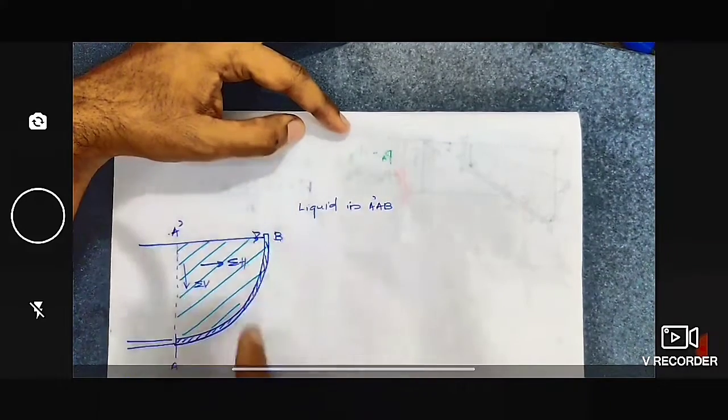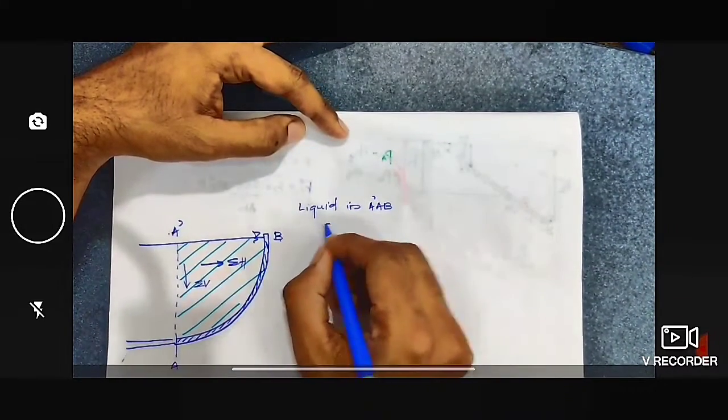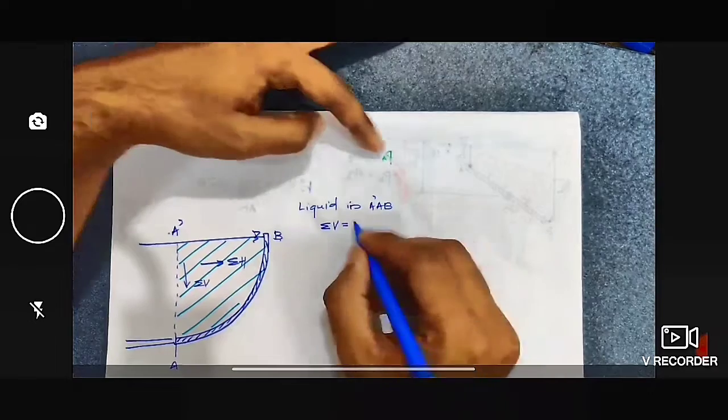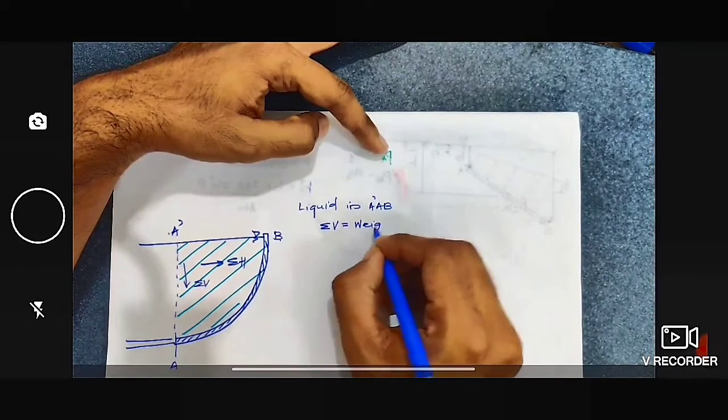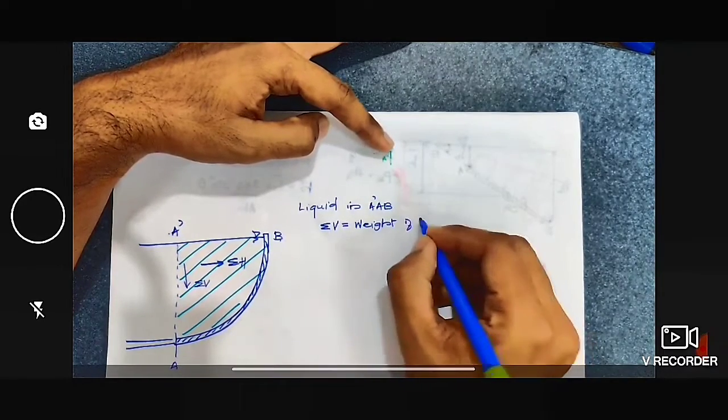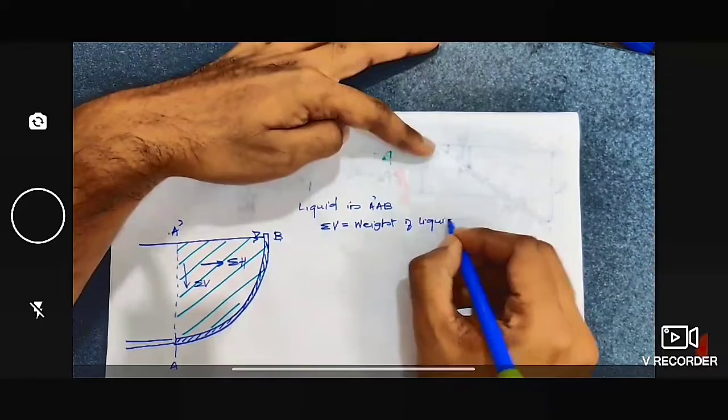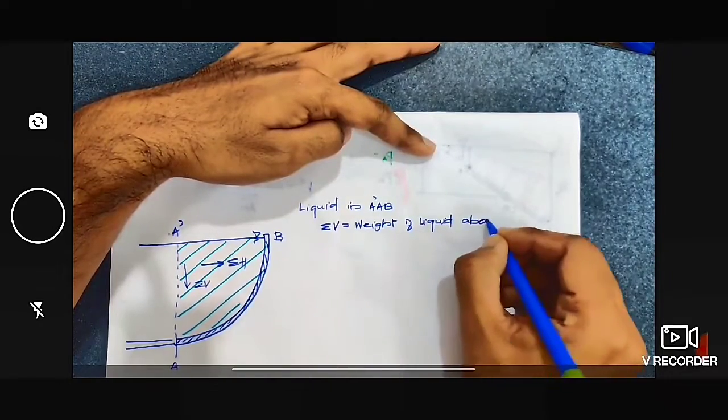The total weight will be acting downwards, so the vertical force sigma v will be equal to the weight of liquid above the curve.